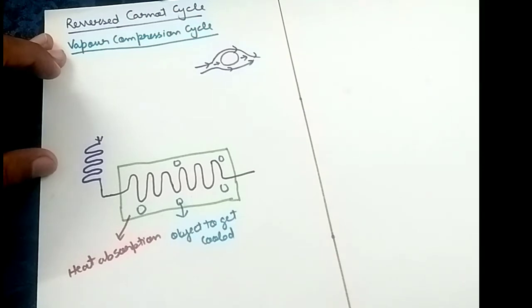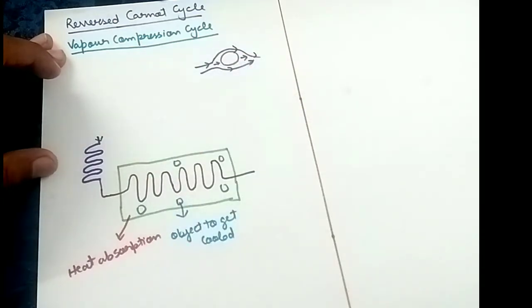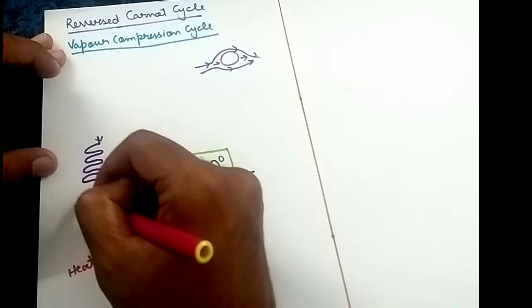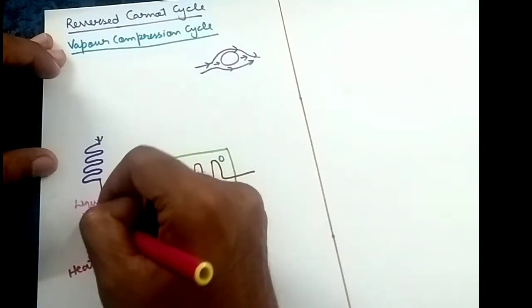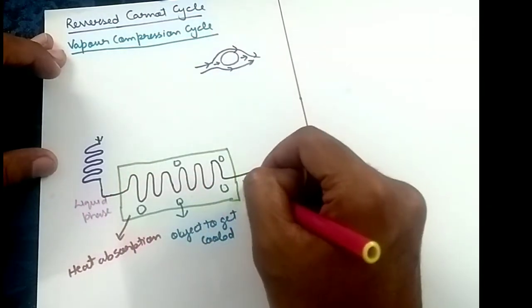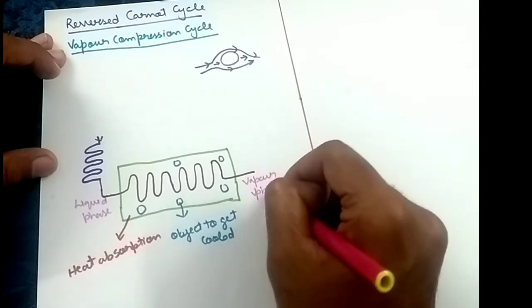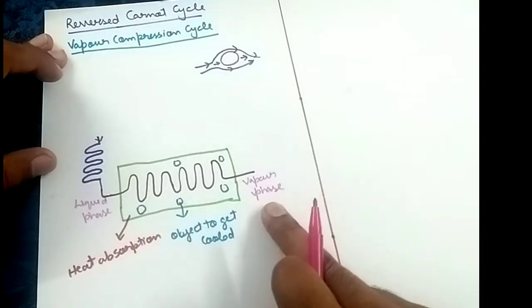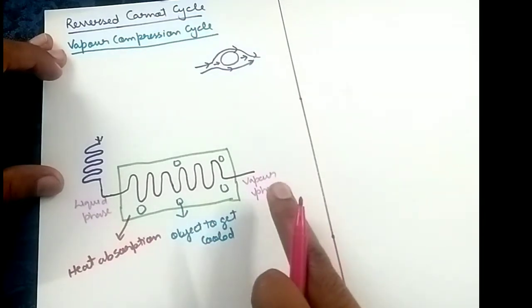Now what is happening here? Here it is in liquid phase, while after passing through the evaporator coil it is now in vapor phase. It is a low pressure, low temperature vapor.